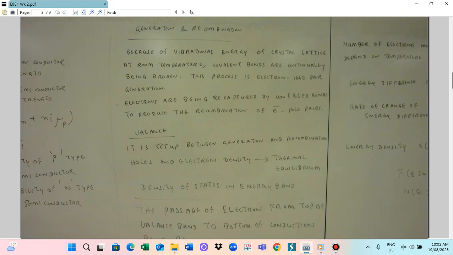So this process is the electron-hole pair generation. The electrons are being recaptured by the unfilled bonds. In this case, some bonds are broken and the electrons come out.